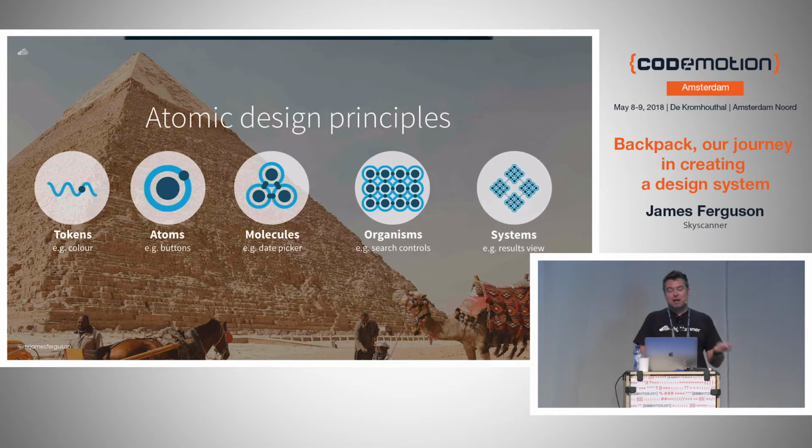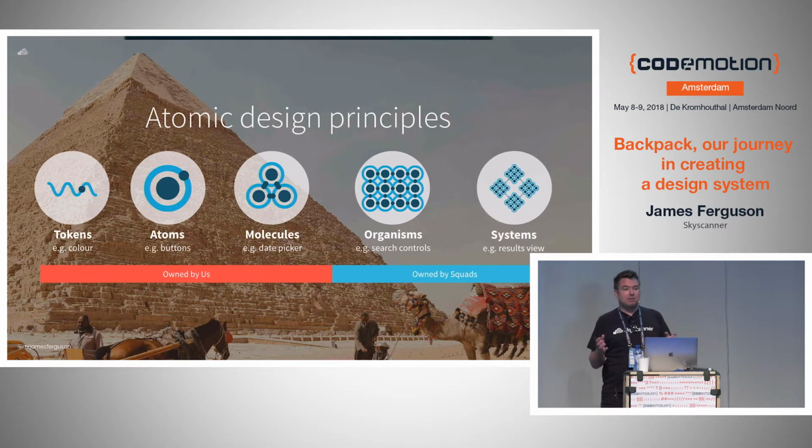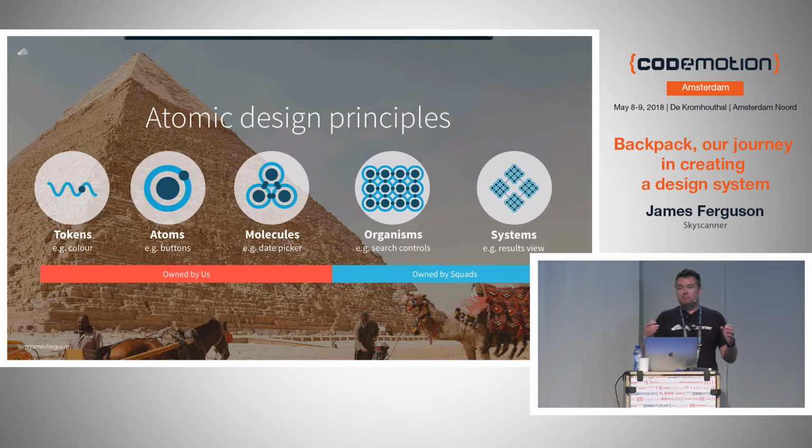So really for us in Backpack, this is really what we look after. This is what's owned by us. We look after the small pieces, and we still rely on teams to work on the bigger pieces. So when it comes back to those examples I showed at the start around the different search controls and how they were different across there, in theory, Backpack wouldn't standardize those search controls.